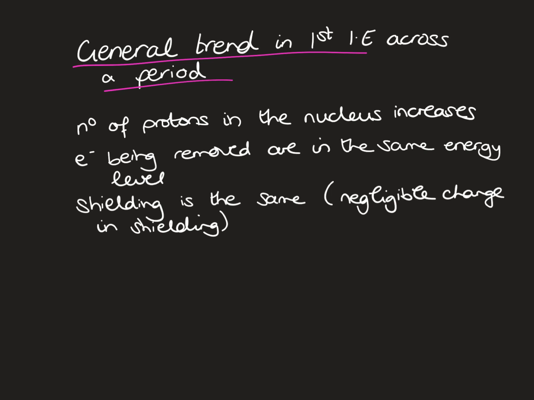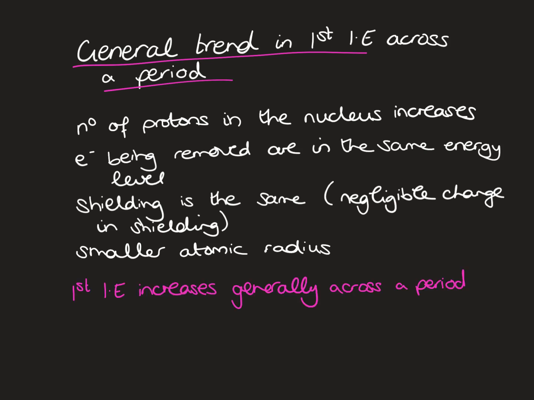We also have a smaller atomic radius as we go across, so the atoms get smaller. So we can say that as a general trend, the first ionisation energy increases generally across the period because the outer electron that's being removed is generally more strongly held because of the reasons we've got there.